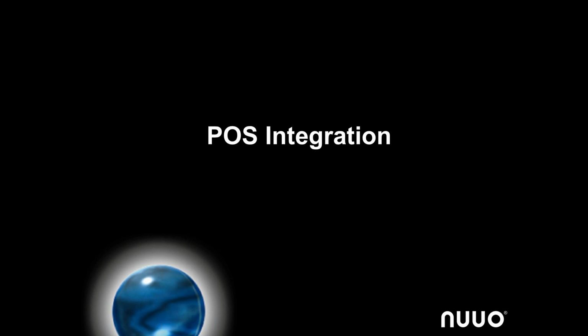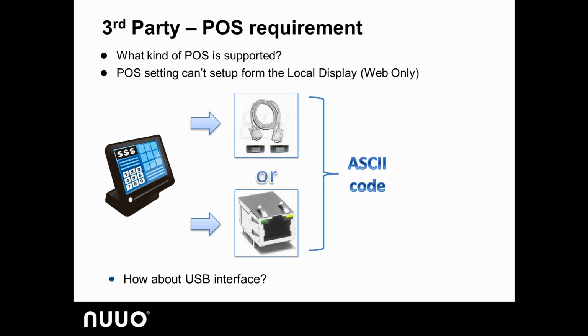Okay, so let's talk about the POS integration. The NVRsolo is compatible with third-party devices such as POS machines, and as I mentioned at the beginning, the NVRsolo is very suitable for chain stores, supermarkets, and small branches.